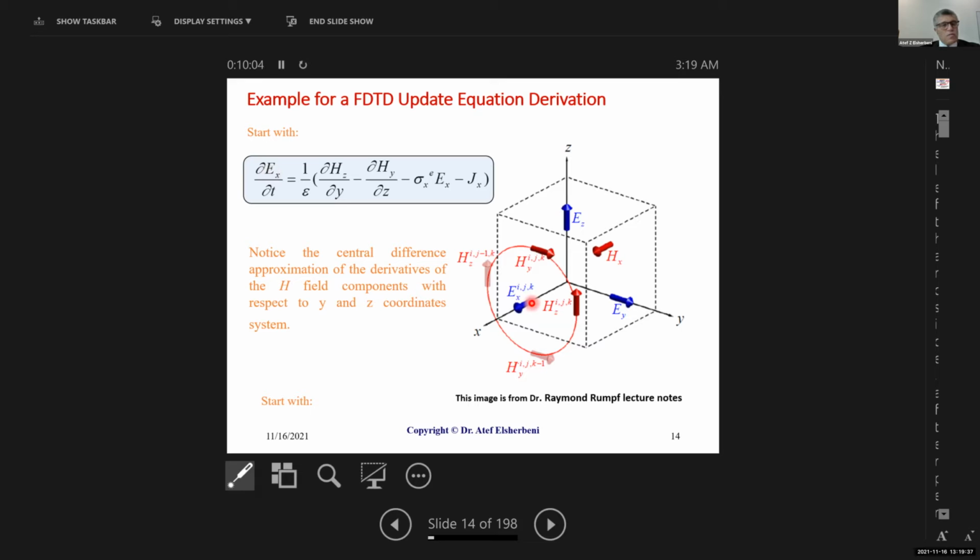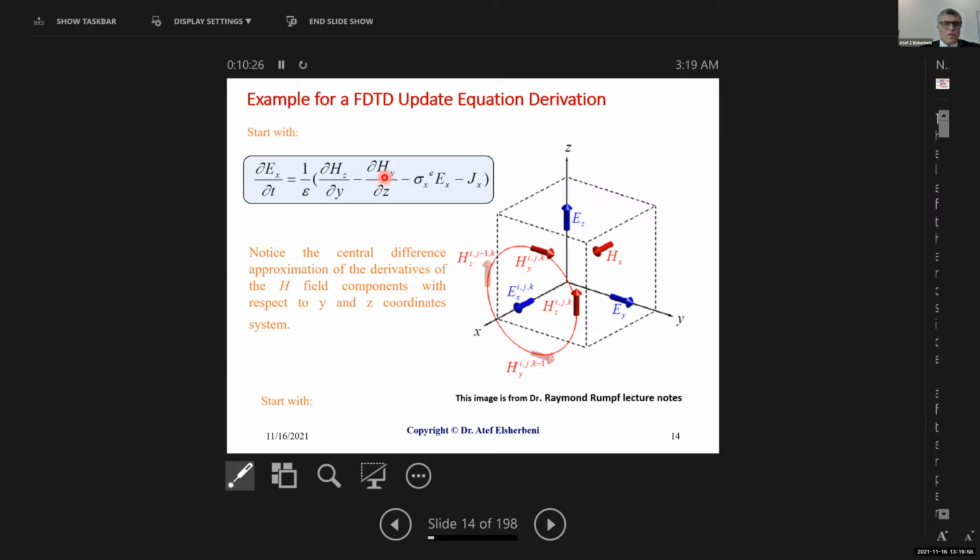So the derivative has to be here. So I need to take this Hz component and the Hz component from the other cell that's not shown here, and the central difference between these two is going to give me the value of the derivative of Hz with respect to Y at the position of Ex.